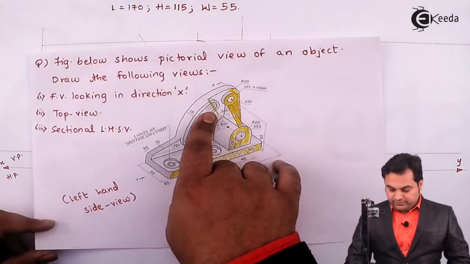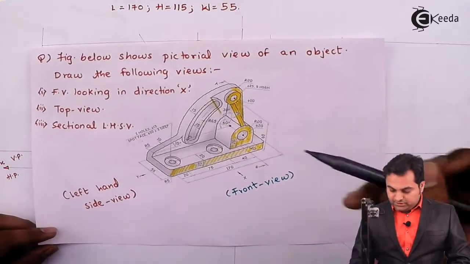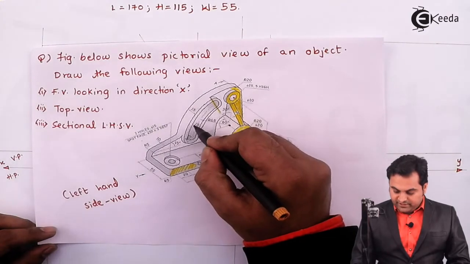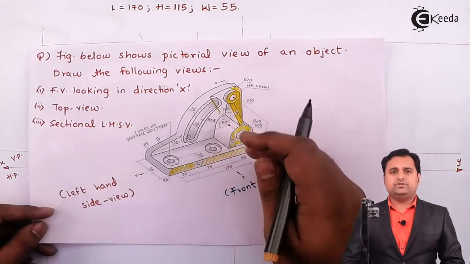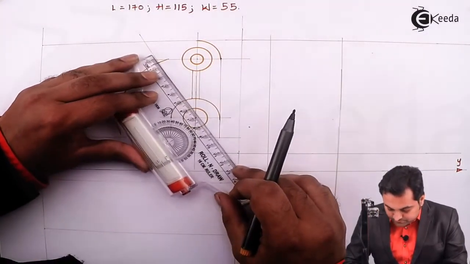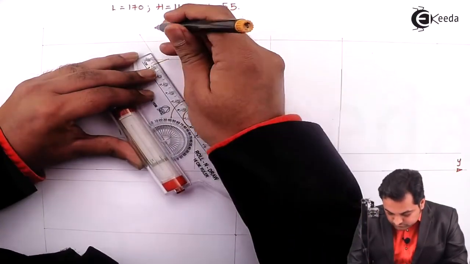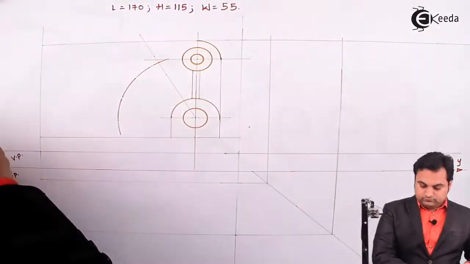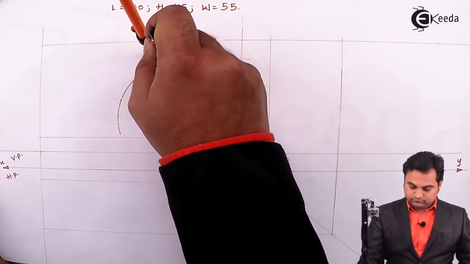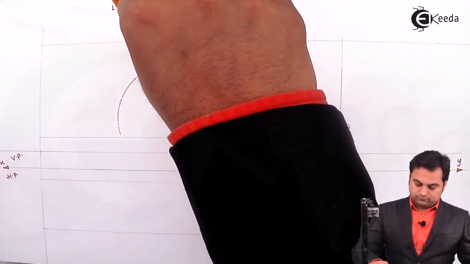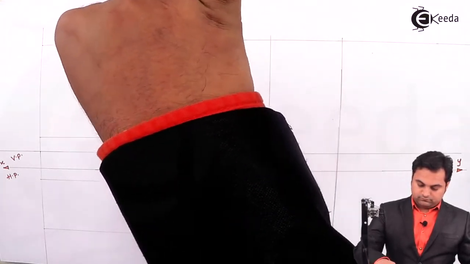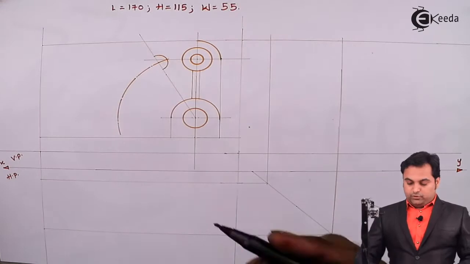As I can see here into the diagram, there are two semicircles. Inner semicircle is having diameter 15 as can be seen here. So its radius will be 7.5. So measuring 7.5, drawing this portion.